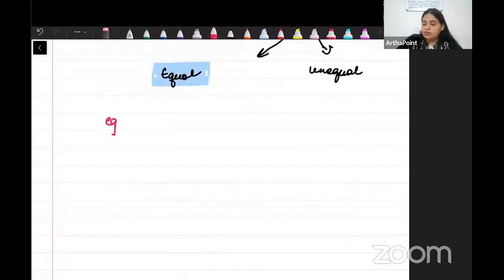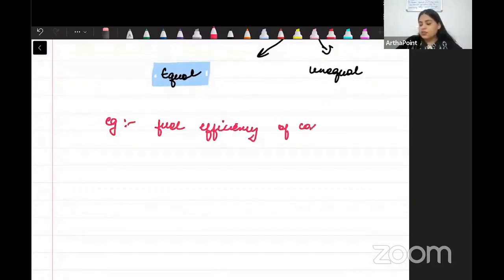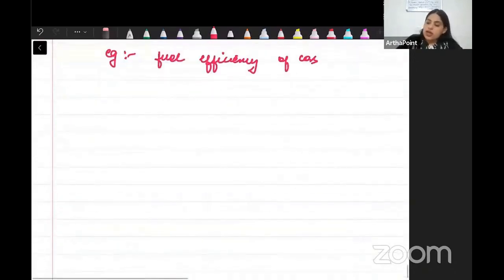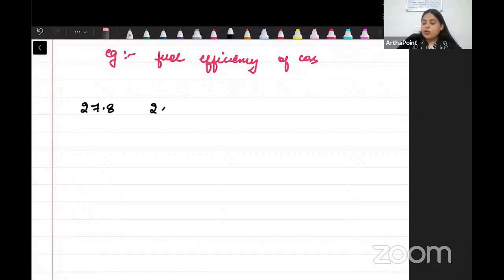Suppose you're given some data set on the fuel efficiency of cars. ऐसा कुछ mileage के ऊपर data set है कि how efficient your cars are, right? And in this beta you are given some values and values are like this: 27.8, 28.4, 29.3, 30, 32.1, ऐसे करके कुछ दी हुई है suppose.